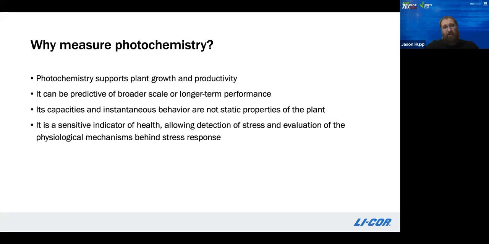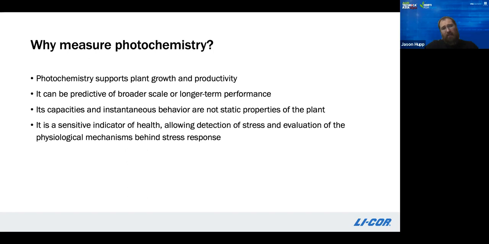And so measurements of them can be predictive of broader scale or longer term performance. There's quite a bit of literature that shows that certain physiological parameters can be related to yield, right? Because this is the carbon capture that supports it, and the energy capture that supports that carbon capture. There's probably 40, maybe 50 years of literature now that describe all of these various relationships, and I'm not going to go into them.